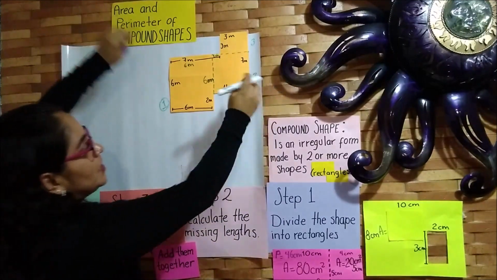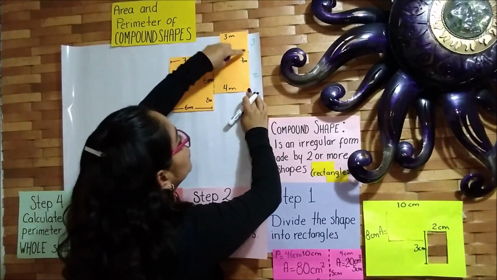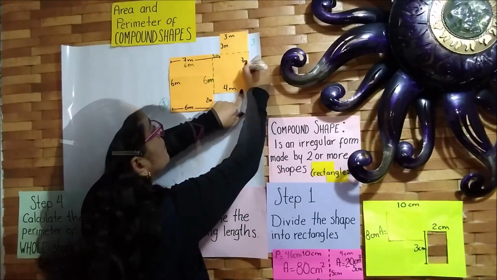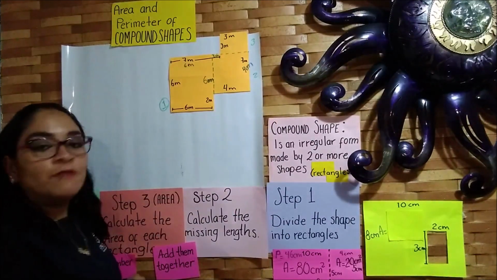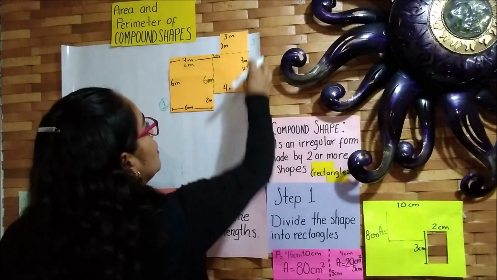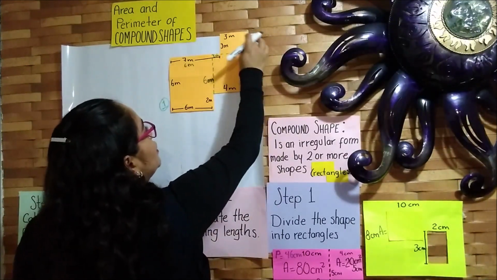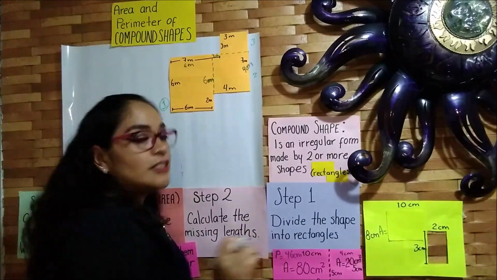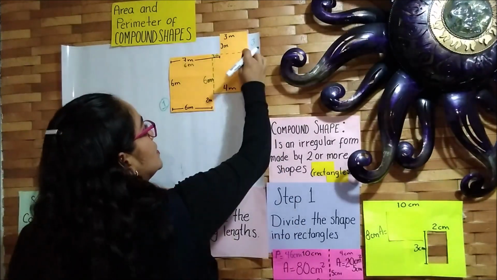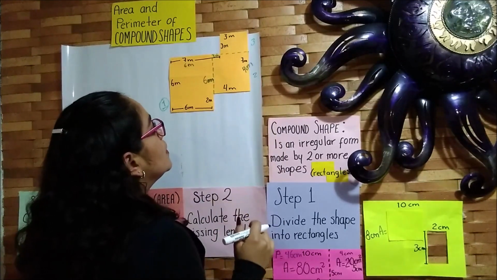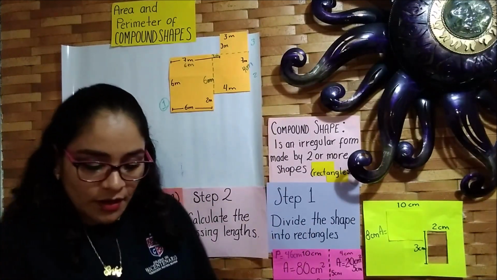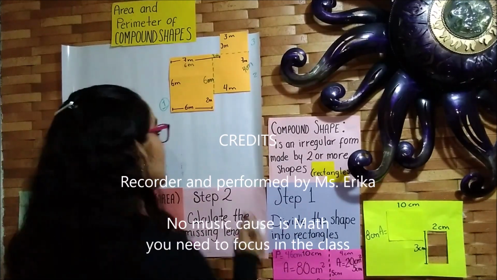That means from here to here is going to be 4 centimeters, okay? Because here the measurement is 3 and the total is 7. So 7 minus 3, 4. And I think we have already all of our measurements.